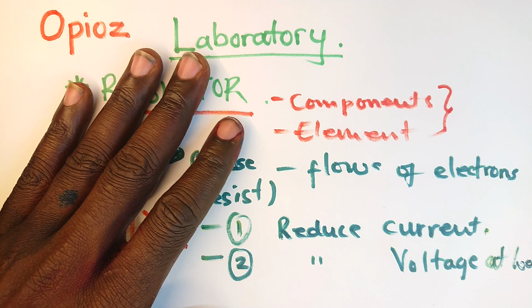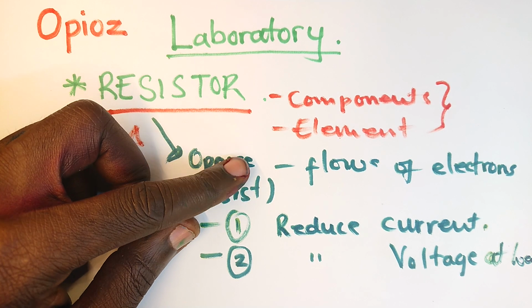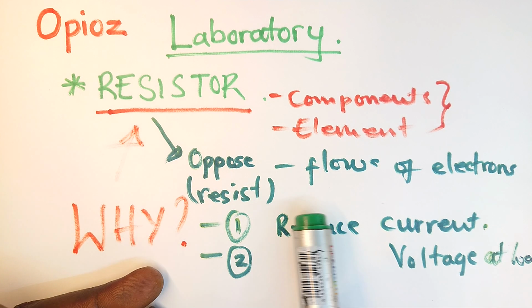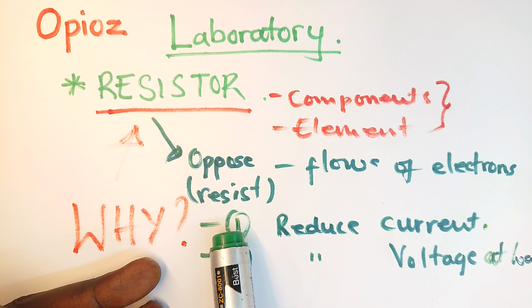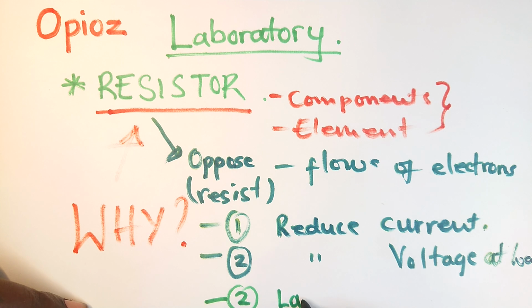So today we're just introducing resistors, and after teaching resistors we will give you some common applications of resistors. Now, you might have noted that we mentioned that it's used to reduce current, to reduce voltage. These are normally in circuits, but then also there's a scenario where the resistor itself is being used as a load. In other words, we know that a resistance tends to produce heat, so when a resistor is used as a load, you'll find it being used in heating elements.